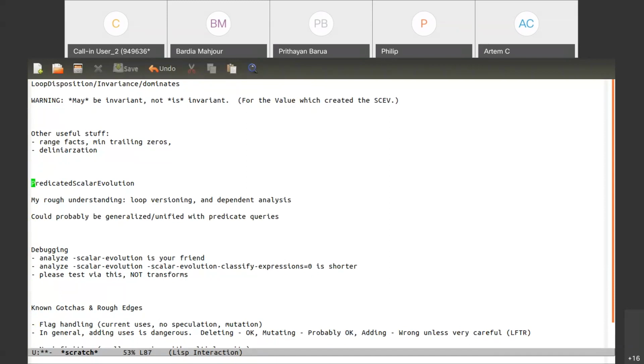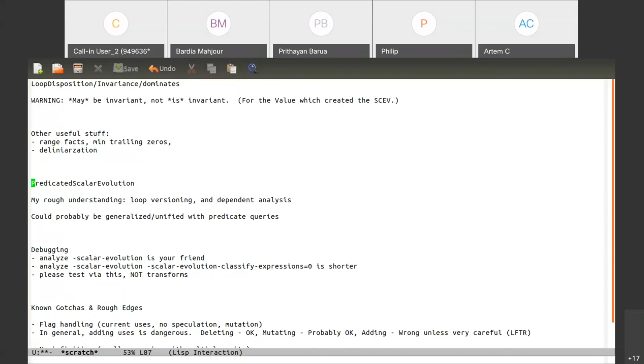The next thing I'll mention, and unfortunately this is something I don't have direct experience with, so I'm basically reading the comments in the code and repeating them, is predicated scalar evolution, a means for constructing a set of SCEVs subject to some speculative assumptions.